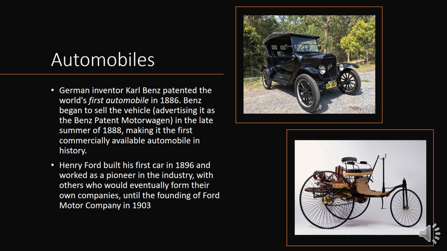So here it is, the automobile. The first automobile was actually developed by Benz, the Benz Patent Motor Wagon. This is a German car, right? In the late summer of 1888, making it the first commercially available automobile in history.